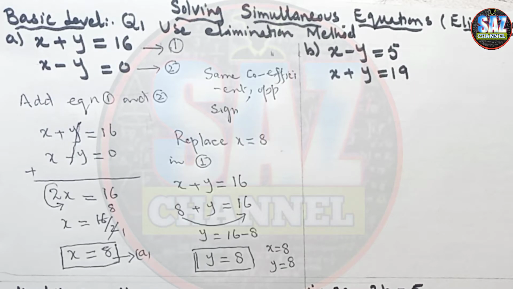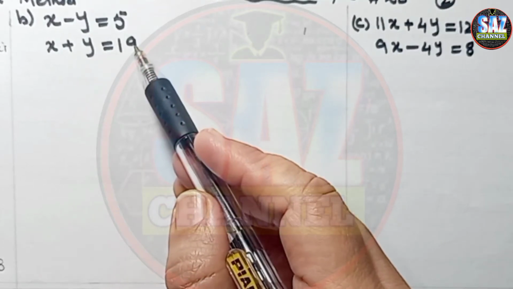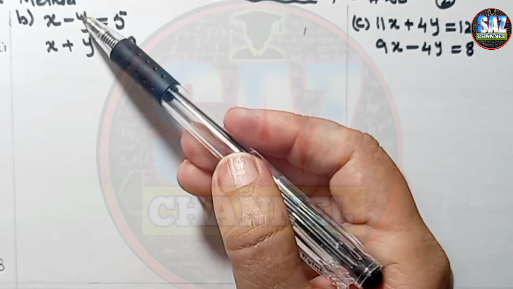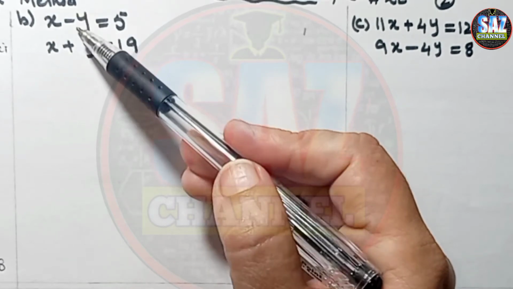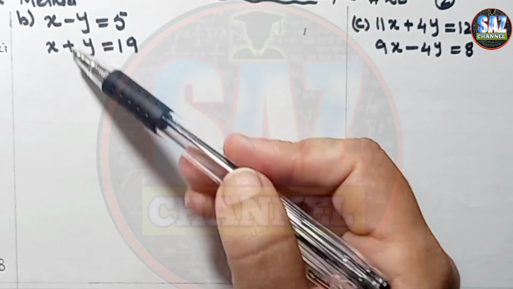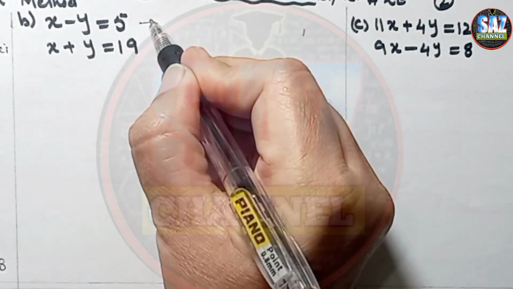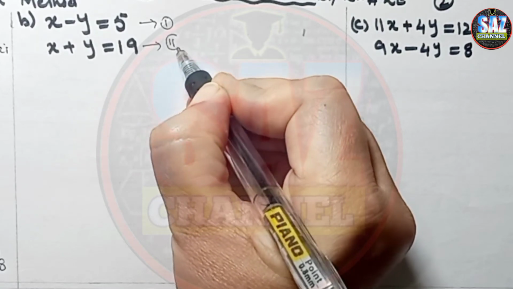Let's move to the next part of the question, that is x minus y equals 5 and x plus y equals 19. Same coefficient: y has the coefficient 1 and y has the coefficient 1 with opposite sign. Same coefficient, opposite sign. The rule is that we have to add up the given equations. Let's mark this equation as number 1 and this as equation 2.